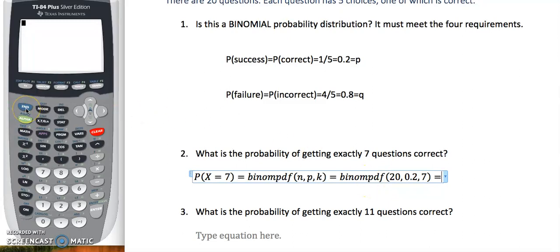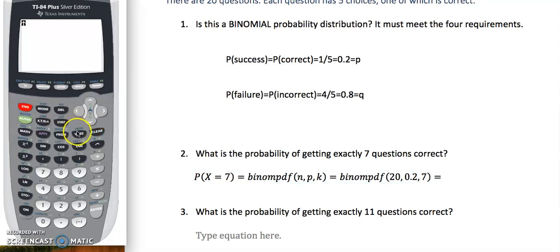To calculate it in the calculator, you press second, and to open up that distribution menu, you press this button here, vars, which stands for variable, and you scroll all the way down to A. Press enter. I already have some information typed in, but I'm going to go ahead and clear it out. You put the number of trials, we have 20 questions.